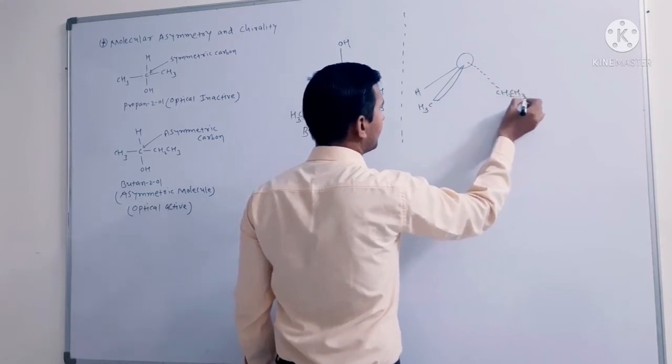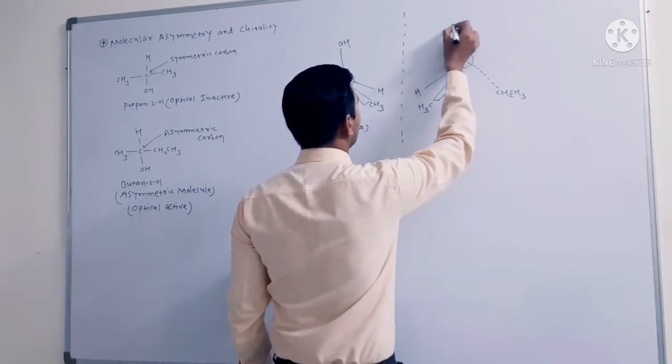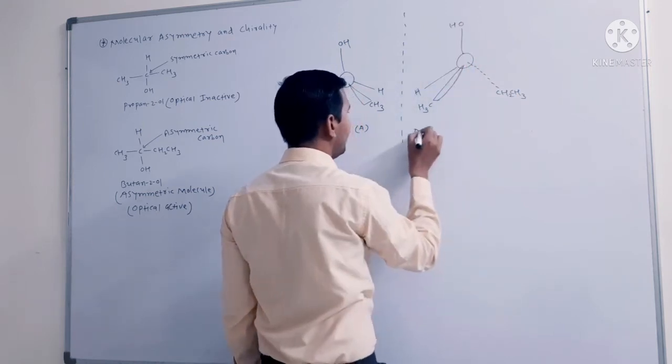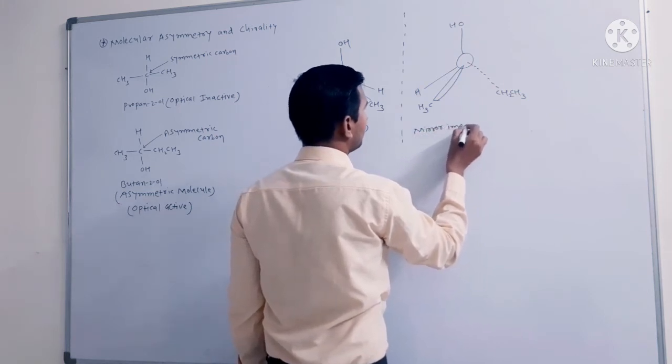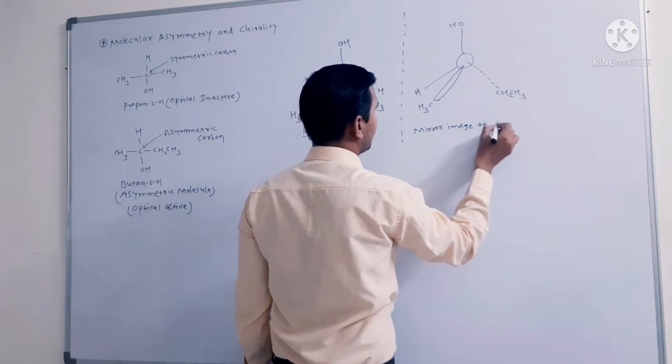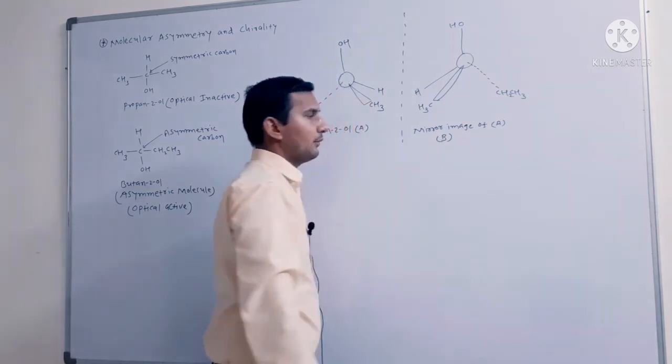CH2CH3 and OH are found towards this direction. Hydroxyl group. This is the mirror image of structure A. This is called B type of structure.